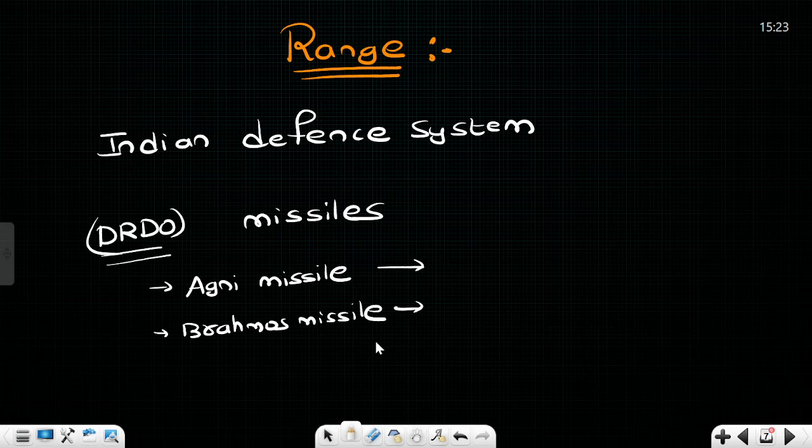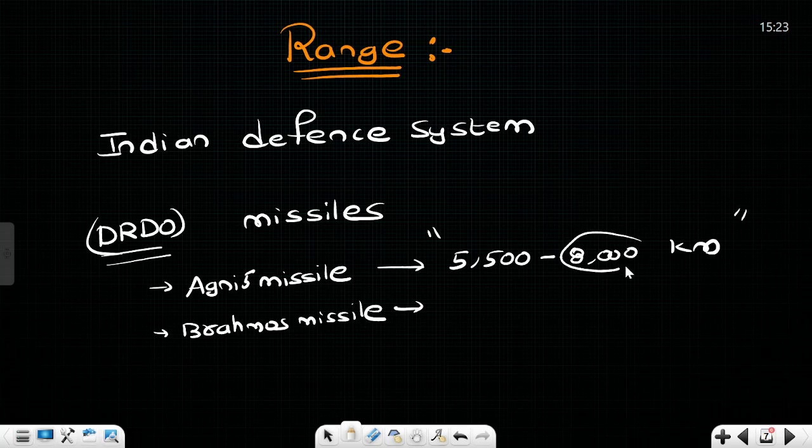So Agni 5 missile can go from 5,500 to 8,000 kilometers. That means, in between 5,500 to 8,000, anywhere you want to hit the target, you can hit it very nicely. Even below that we can do also, but the maximum value is this one.